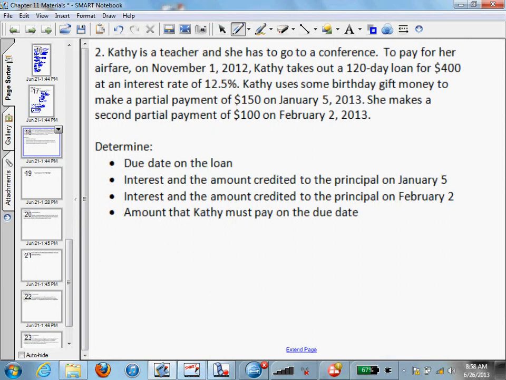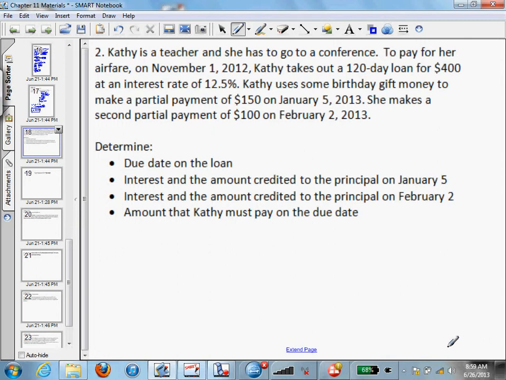She makes a second partial payment of $100 on February 2nd, 2003. So what we need to look at is first to determine the due date of the loan, the interest and the amount credited to the principal on January 5th, the interest and the amount credited to the principal on February 2nd, and the amount that Kathy must pay on the due date.